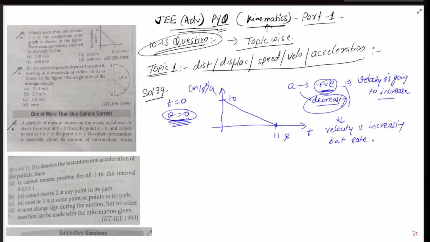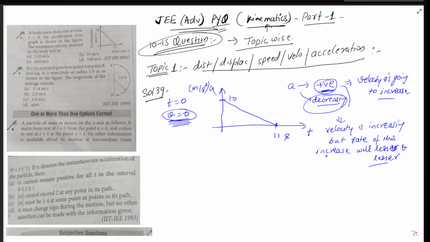So the rate of this increase will be lesser and lesser. What does that mean? For every time, velocity is increasing but the rate is less.